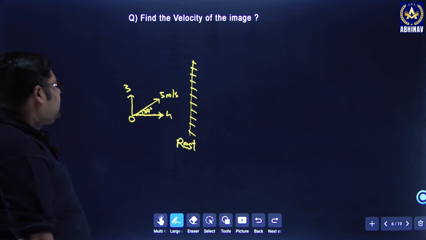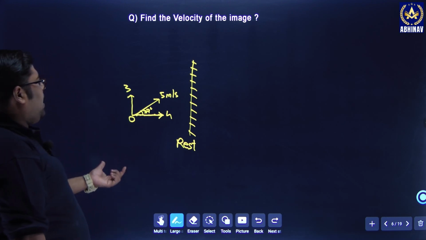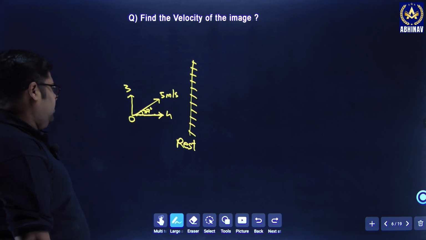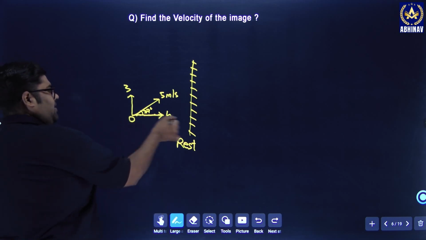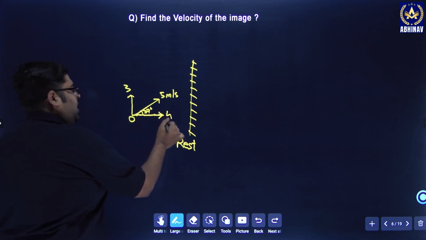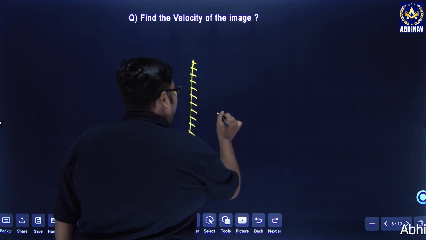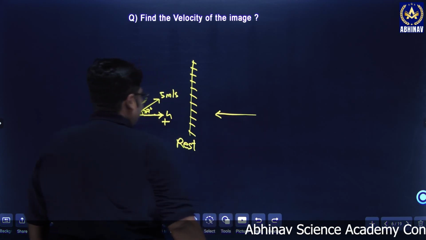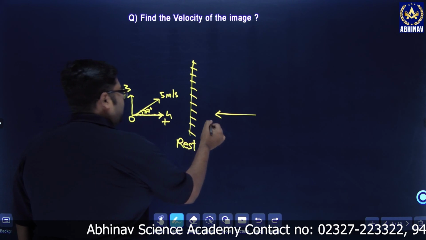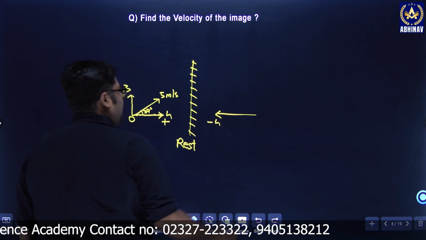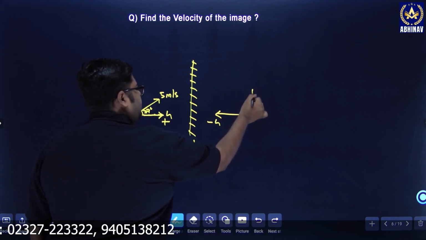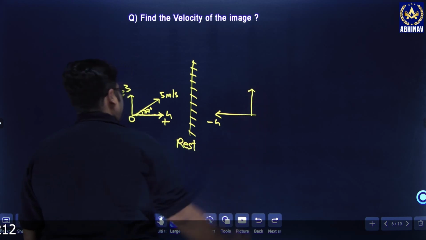Now, tell me what will happen to the x component. The answer is very clear: if we consider this direction of velocity as positive, then along the x-axis the direction will be inverted. In case of plus 4, it will be minus 4 and there will be no change along the y-axis.